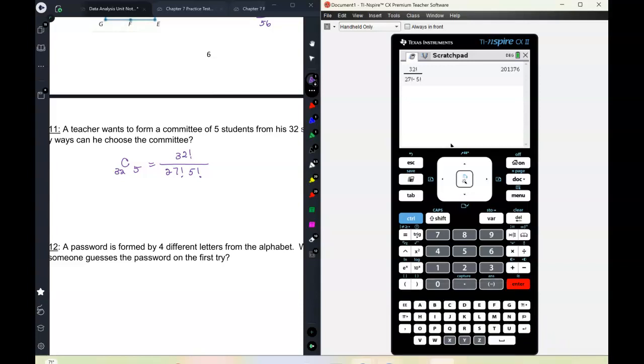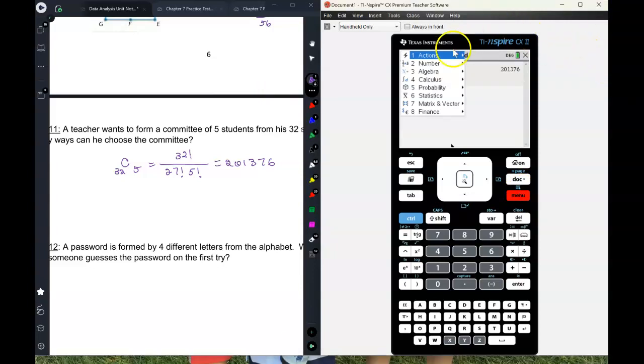Okay, now, you guys ready? I'm going to show you something else. That's the reason why I don't readily know where the factorial button is. Press menu. Go to probability, number 5. The factorial is also there by the way, but I don't want the factorial.